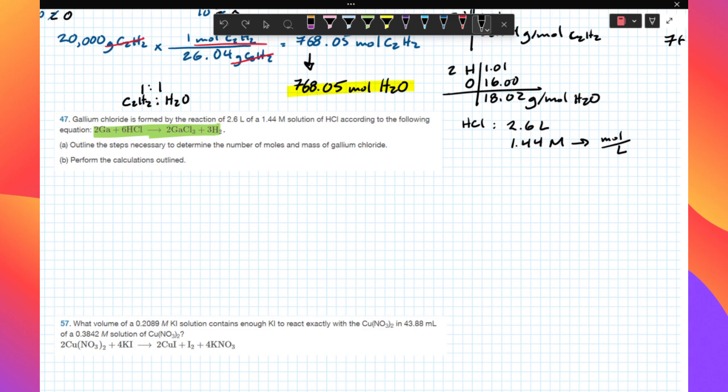So let's see here. We're trying to get to moles and mass of gallium chloride. Okay. So we're given 2.6 liters of HCl.